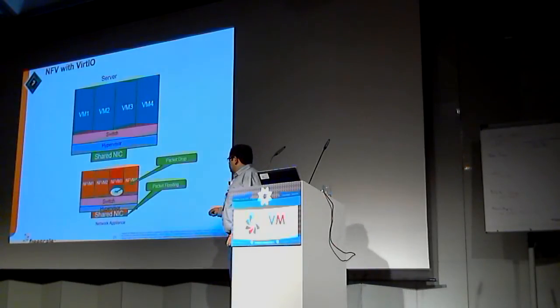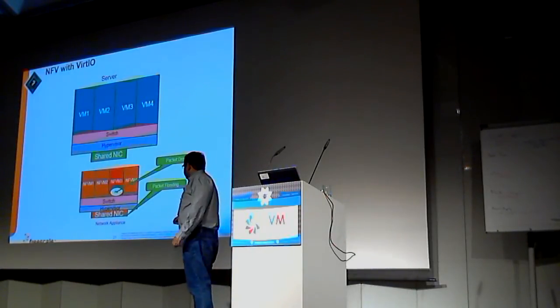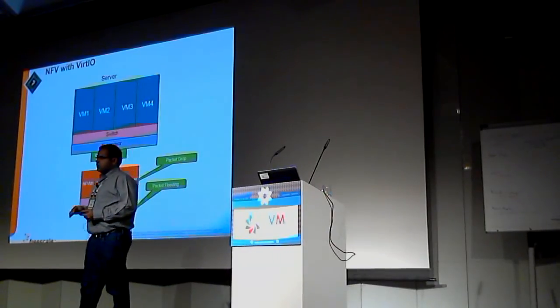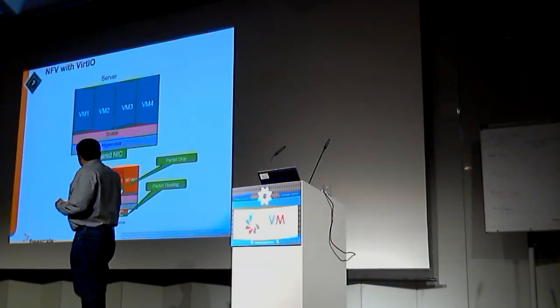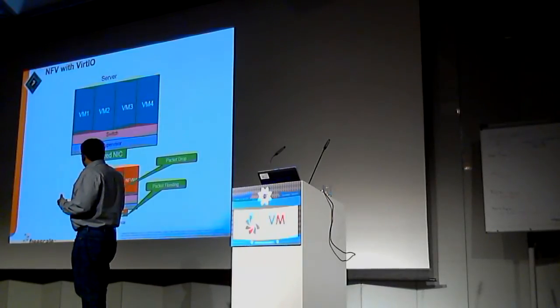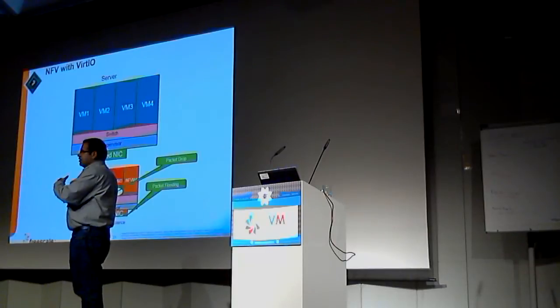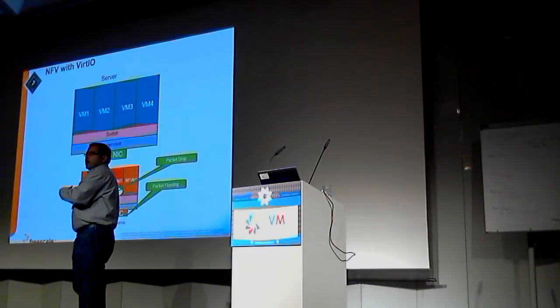But if there is a packet flood, now suppose, because this interface is shared across multiple VMs, I'm getting multiple packets for this VM. The host is going to keep on receiving packets and will try to forward them to the VM. But say this VM is saturated and not able to handle the packets.